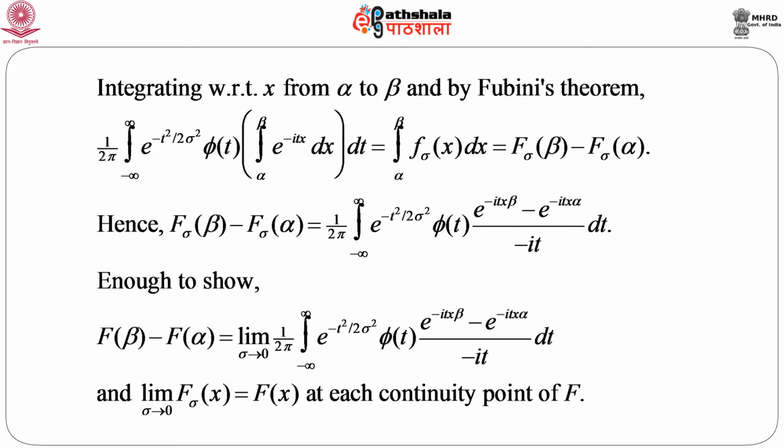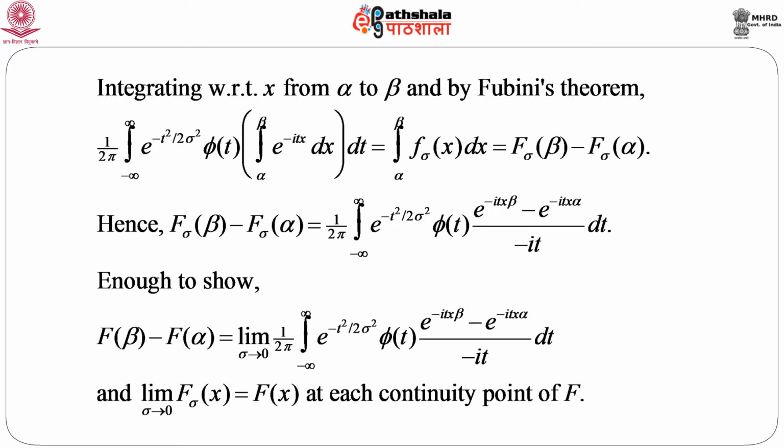As we know that this entire quantity is f sigma, so we can immediately write, after changing order of integration by Fubini's theorem, that integration alpha to beta f sigma x dx, which is nothing but capital F sigma beta minus capital F sigma alpha.